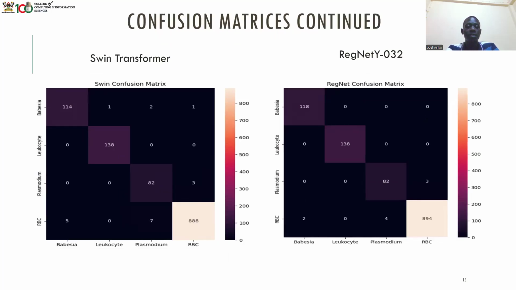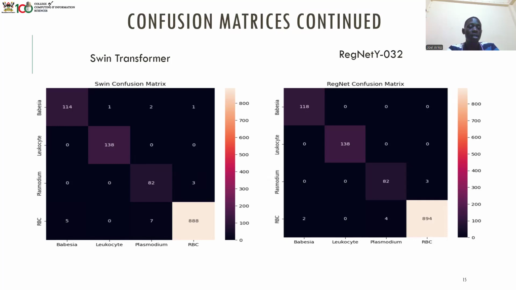Equally, when you check these matrices on the Swin transformer and the RegNet, you see that for the Swin transformer, the model performed poorly on Babesia, but not all that poorly, because 4 of them were not predicted correctly: it predicted 1 as leukocyte, 2 as plasmodium, then 1 as red blood cells.